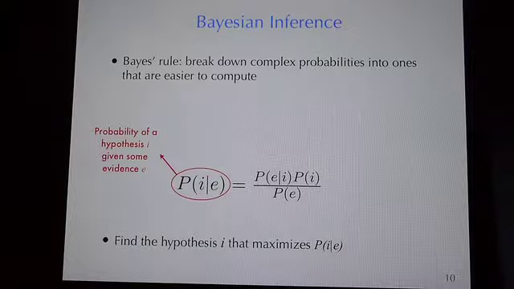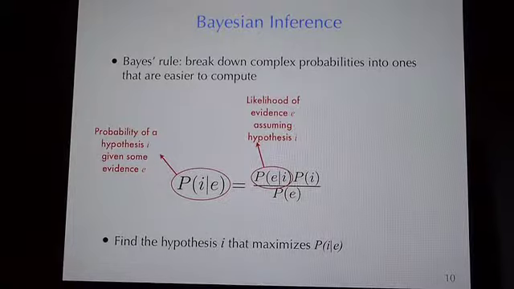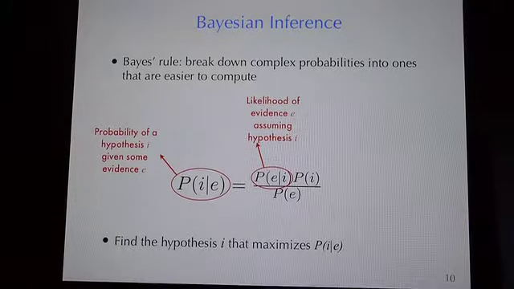Now, according to the Bayes rule, we can rewrite this probability as a combination of other probabilities that are actually easier to estimate. The first one is the likelihood that a particular type of evidence is observed if that hypothesis is true. In our example, this means: if we knew that Anna was a computer science student, how likely would it be for her to match this description?